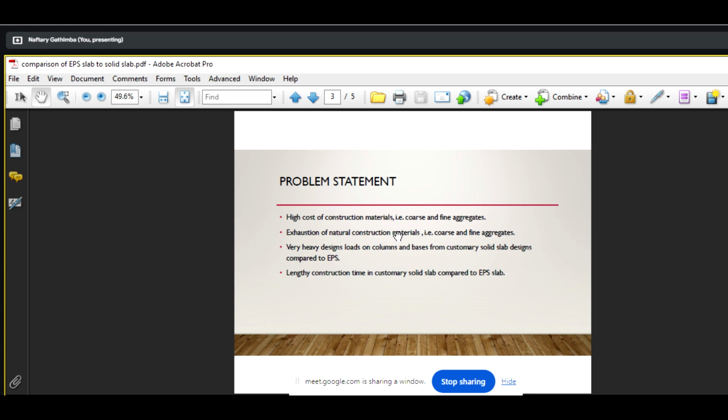But here at the problem statement, we want to see the engineering problem, the specific problem. So if you have been thinking about the cost and all that, those can appear in the background. Let me give you an example.